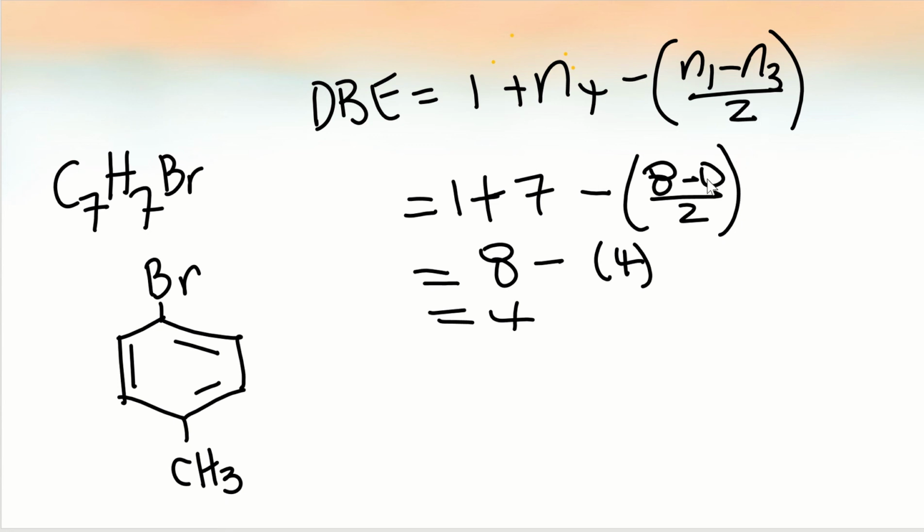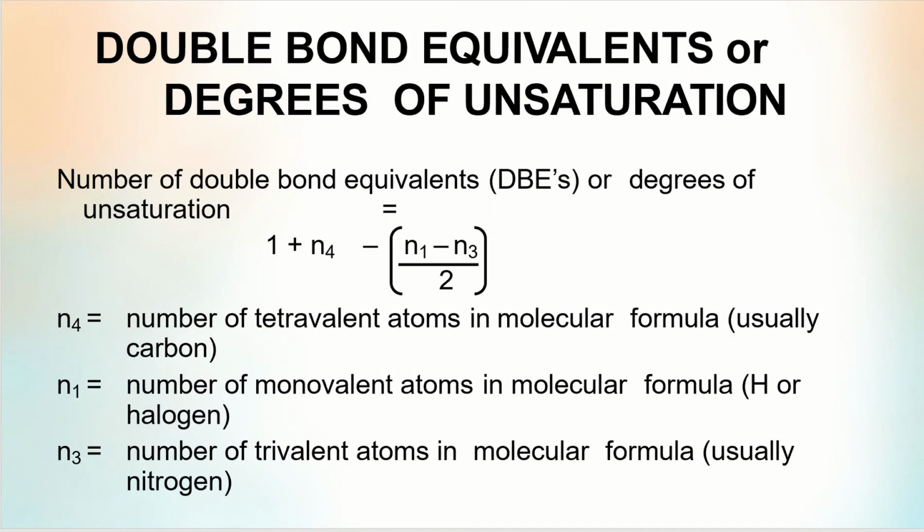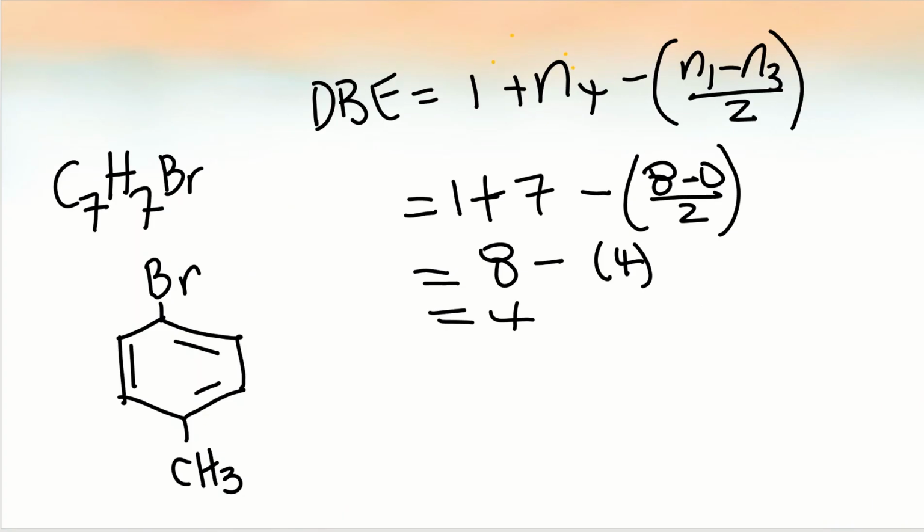So we don't have any N3, we don't have any nitrogens. So we're looking for the N1s, which is the number of monovalent atoms. That is the number of hydrogens and halogens. So here we have 7 hydrogens and 1 halogen. So that's a total of 8, right? Monovalent atoms. So we just plug in 8 here. So that is 7 plus 1, 8. And we work that out to be 4.